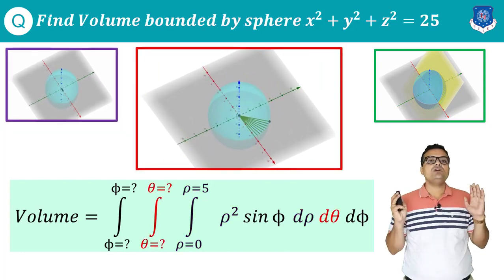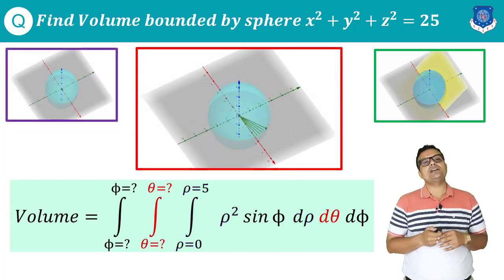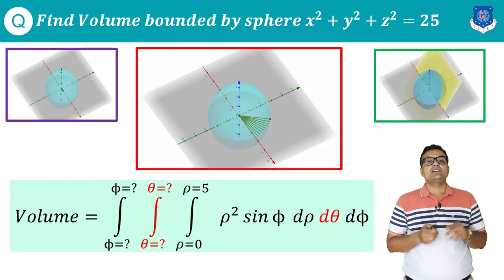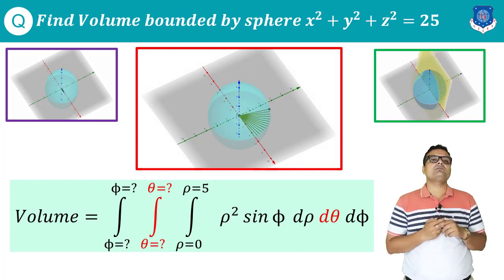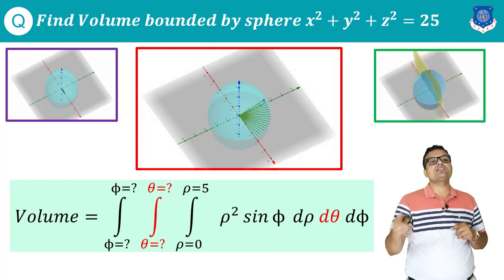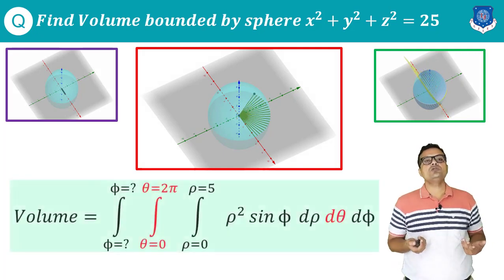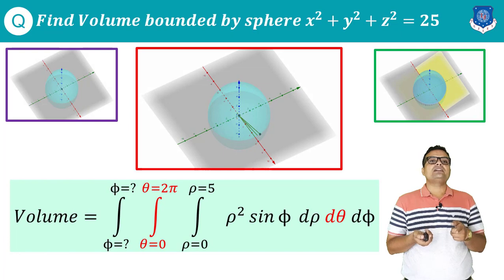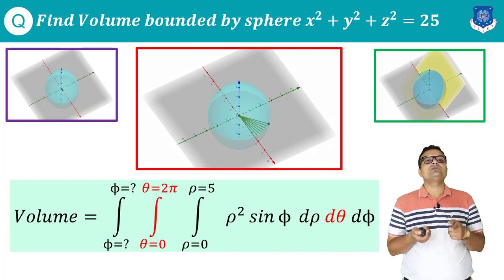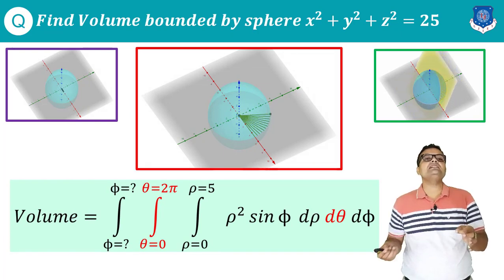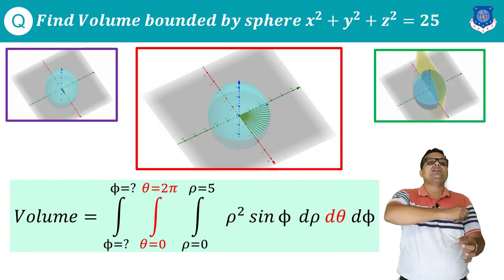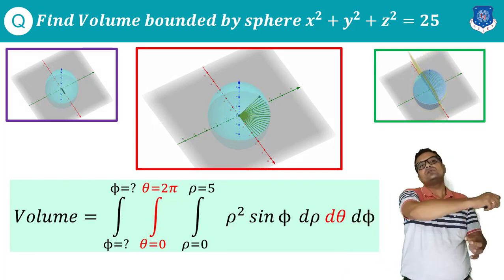Now let us consider our second coordinate, which is theta. If you look carefully in this visual, I am considering the value of theta to construct the great circle. So obviously it will be from 0 to 2 pi. We can see clearly over here that the value of theta is 2 pi. This green line is moving on the xy plane to cover this full great circle.